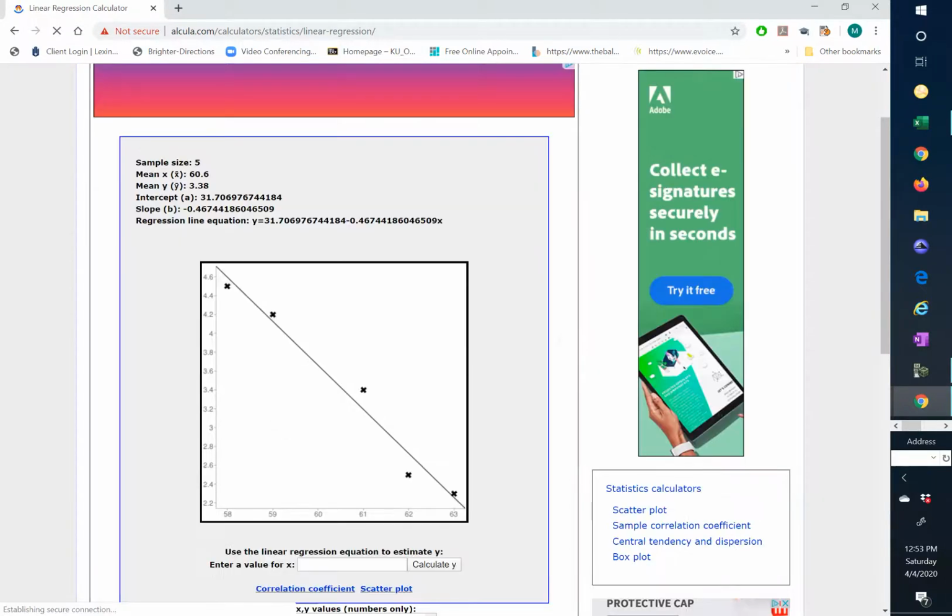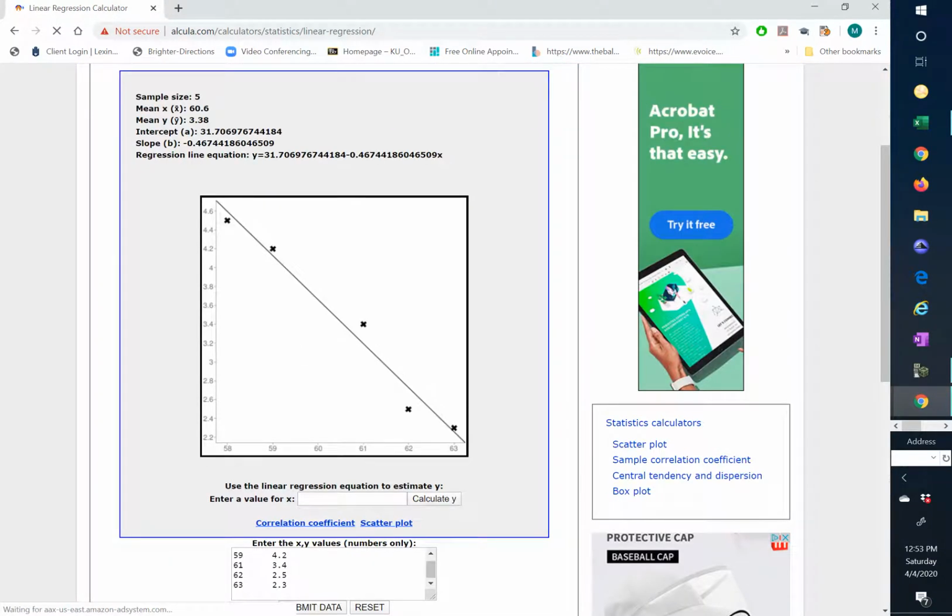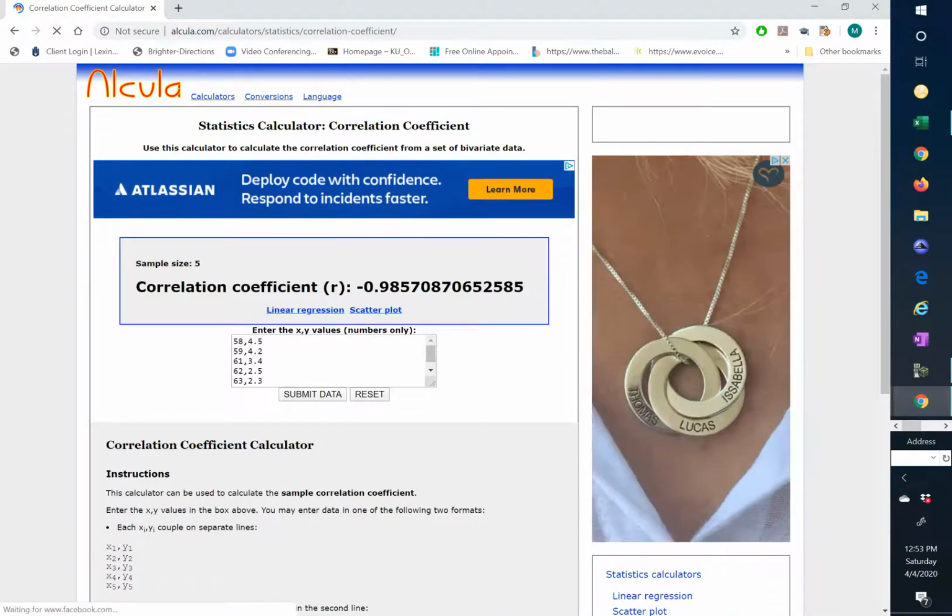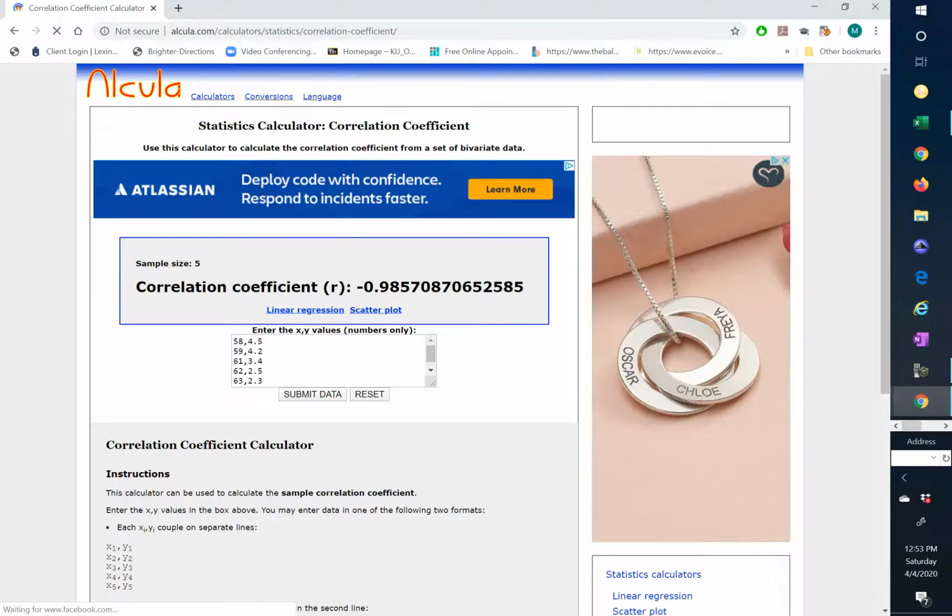It'll give me the sample size, the mean, the intercept, obviously the slope, and there's your equation. And the same thing appears if you want the correlation coefficient. You don't have to do much, you just click on it and give it a minute, and there you are, same thing.